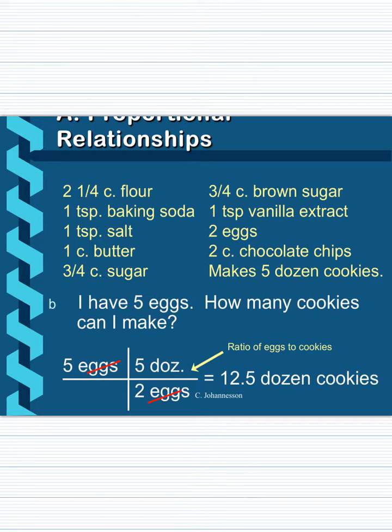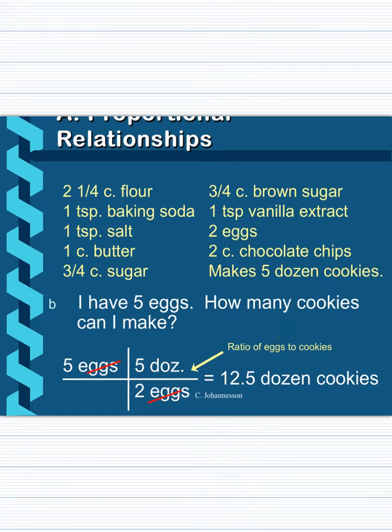Same idea. So when we set up our problem, we always start with the number it gives us. It gives us that we have 5 eggs, okay? But it's asking, how many cookies can I make? And so I have to go from 5 eggs to calculating how many cookies.